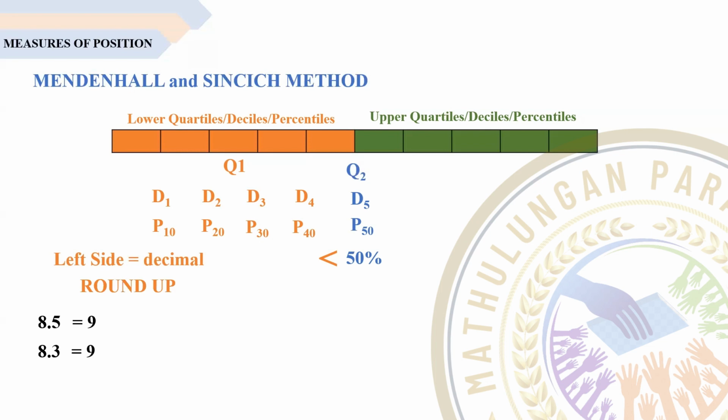But what if we are going to compute the measures of position sa right side naman ng ating data? Ito naman ay ang mga scores which is greater than 50. Let's say for example, we are computing for the quartile 3.